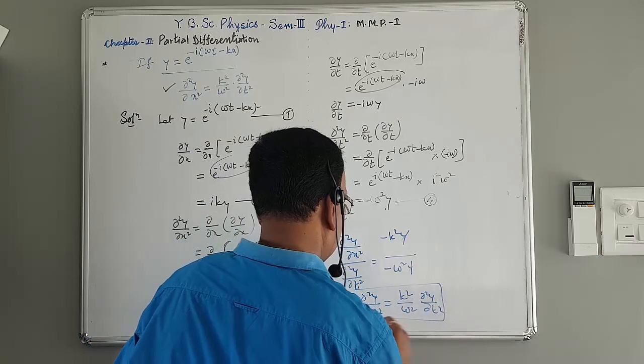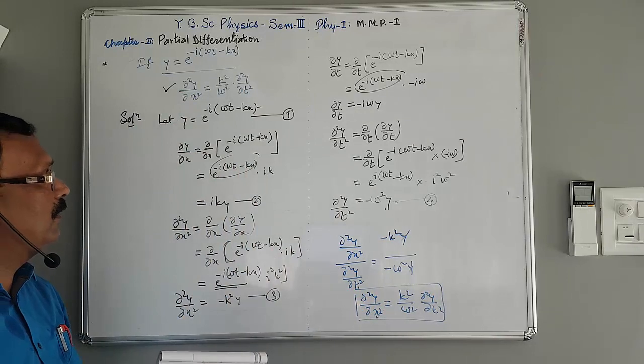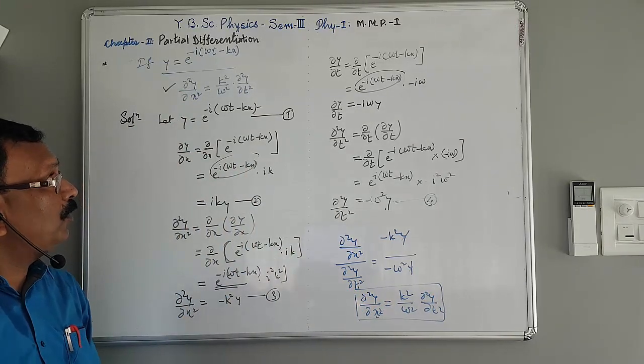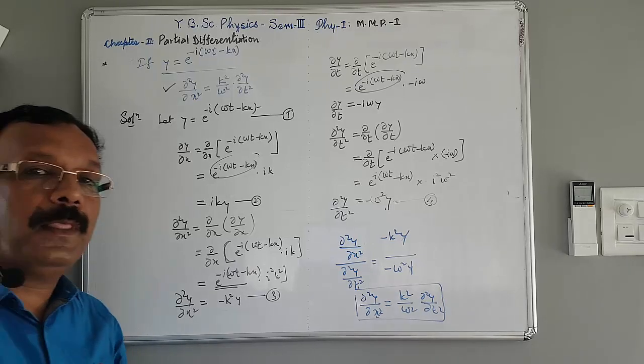In this way we show that ∂²y/∂x² is equal to k²/ω² into ∂²y/∂t². Yes, we shall stop here. Have a good day.